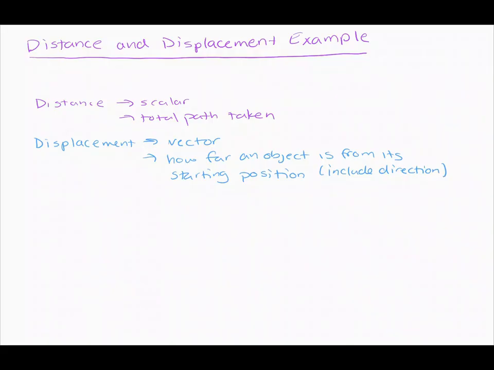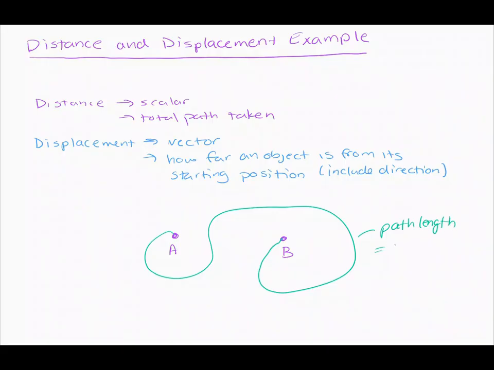So the example we looked at was here was point A and here was point B. And so if I take some wibbly wobbly path to point B and I measure the path length, that path length is the distance traveled. But my displacement, I'd have to actually draw a vector.